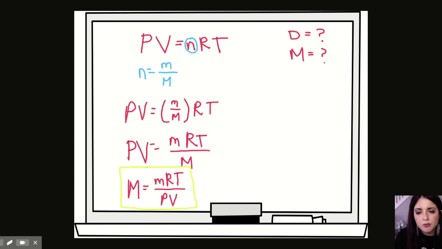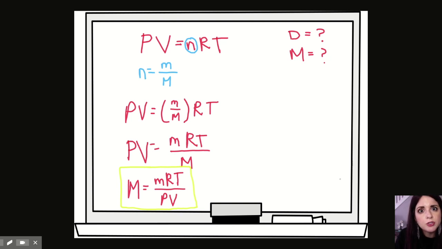So you could literally rearrange the ideal gas law and solve for the molar mass of a gas. You could also just use PV equals nRT in itself and then do a couple of little side problems, but this is another way to represent the ideal gas law. This is also the ideal gas law. We're just representing it a little bit differently.